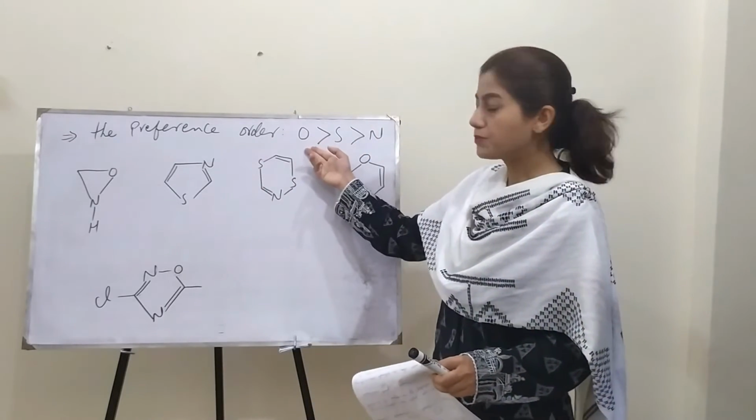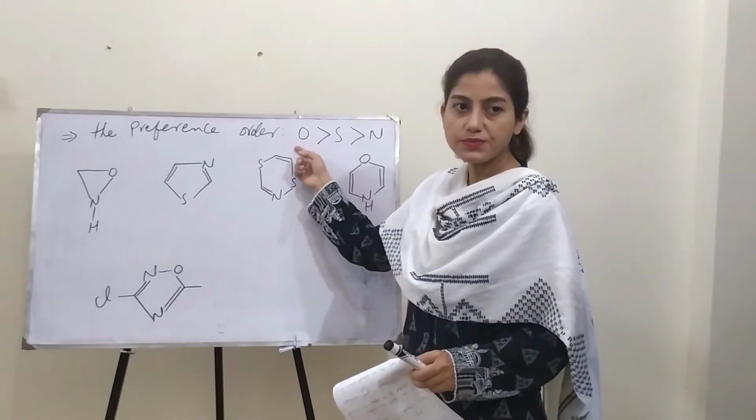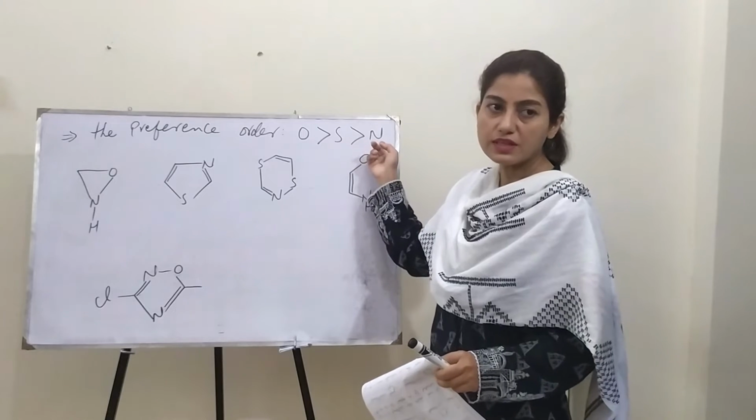As the order of preference, we will give preference to oxygen, then sulfur, and then nitrogen.